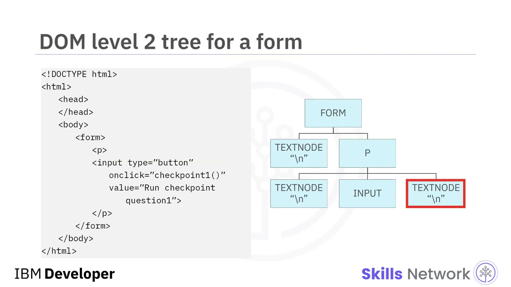An additional line feed text node follows the input element. The DOM Level 0 for the form portion of the document would have only the form, P, and input boxes. The DOM Level 2 adds the carriage returns, tabs, and spaces, sometimes referred to as white space.